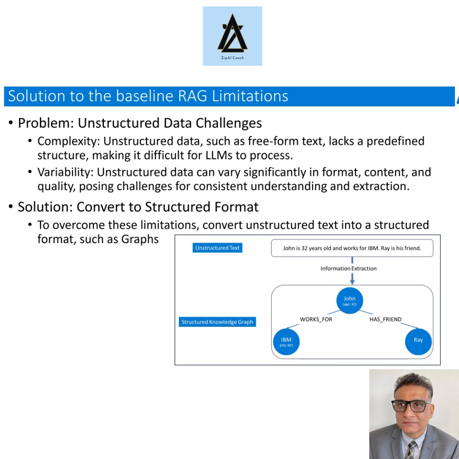How do you do it? If you look at this graphic, I've got a text which is John is 32 years old and works for IBM, and Ray is his friend. It has a lot of information, and you can convert it into a graph structured format, where you have these three entities, John, IBM, and Ray, and these entities are connected through relationships like works for and has friend.